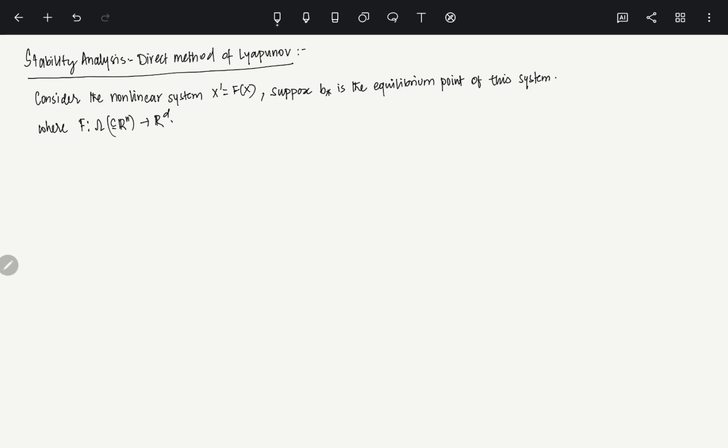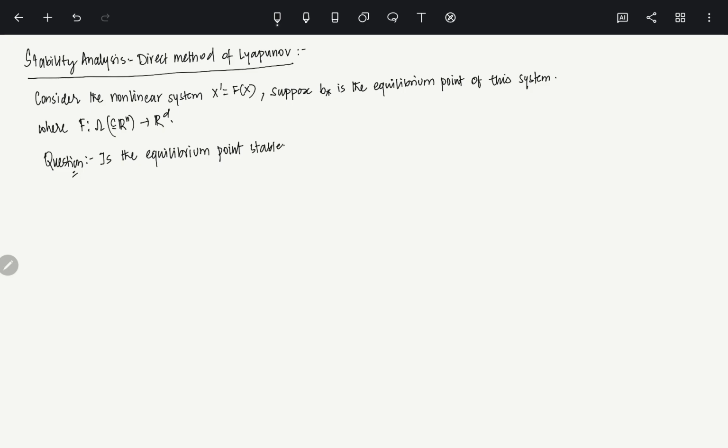Now the question is, we want to analyze the stability of the equilibrium. Is the equilibrium point, in this case b star, stable?